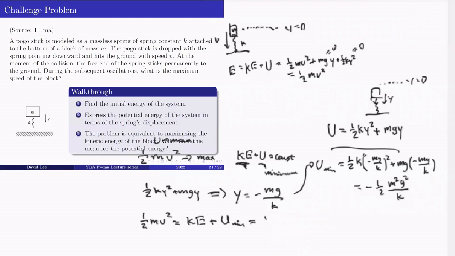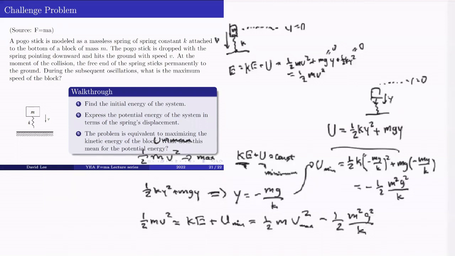So this will be 1/2 mv max squared minus 1/2 m squared g squared divided by k.